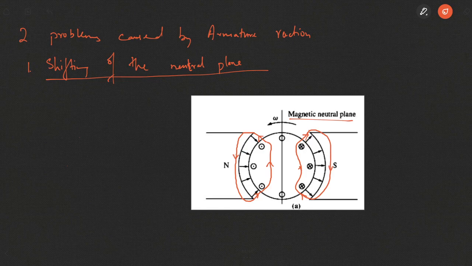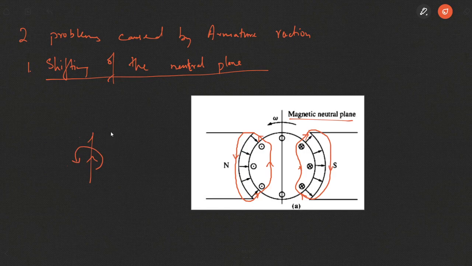By the right hand thumb rule, if the direction of current is upwards, that means out of the page, the magnetic field will be shown by the curl of the hand. If the current is in this direction, the magnetic field will swirl along this direction along this conductor.